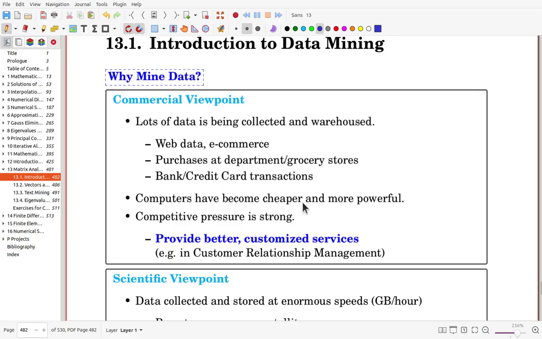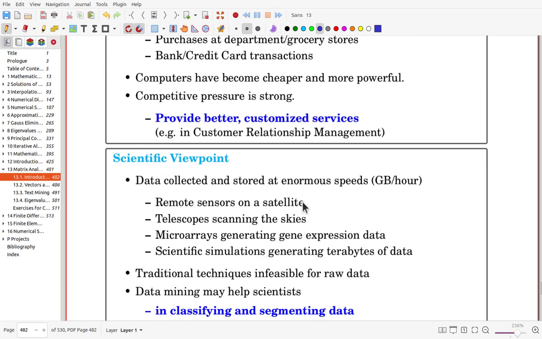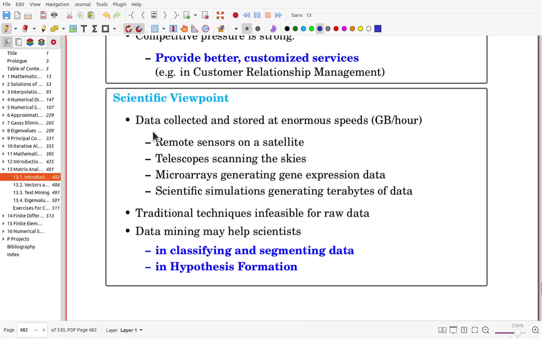If we look at the task from a scientific point of view, then we can say this: data are collected and stored at enormous speeds using remote sensors, telescopes, microarrays, or scientific simulations.